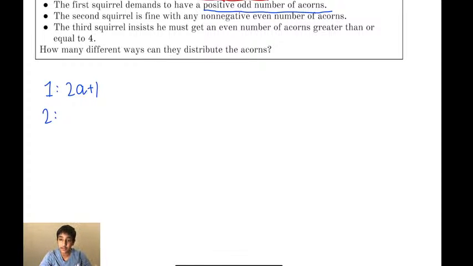Put some ideas in the chat that we can use stars and bars, and that's actually true.